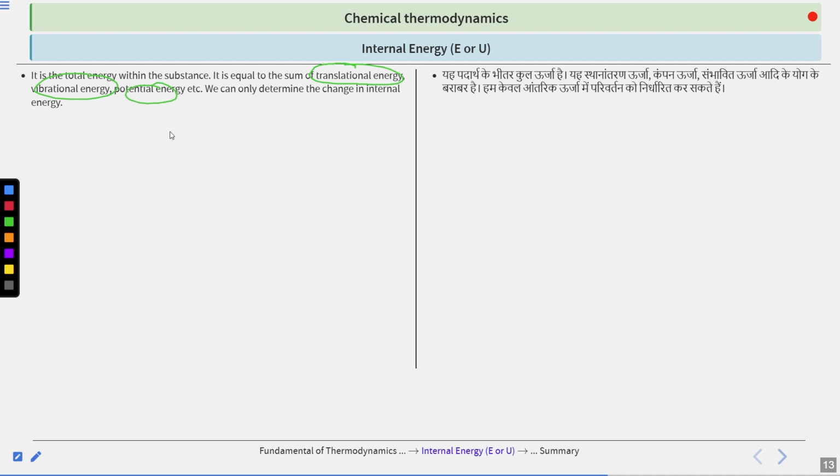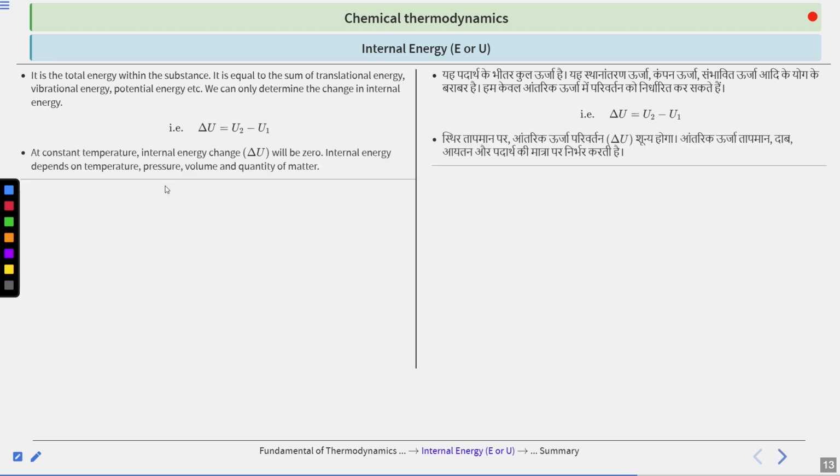So we only focus on the change, which can be written as U2 minus U1. Clear? Now, as the temperature is constant, the internal energy change will be 0.